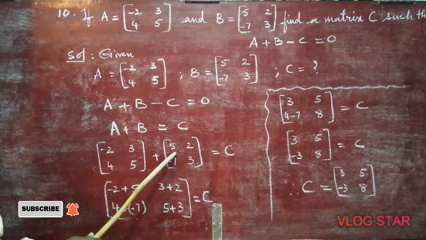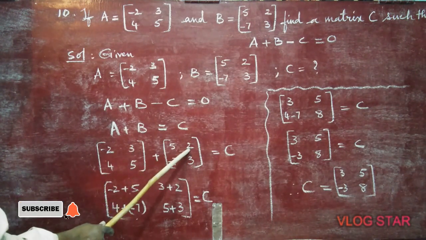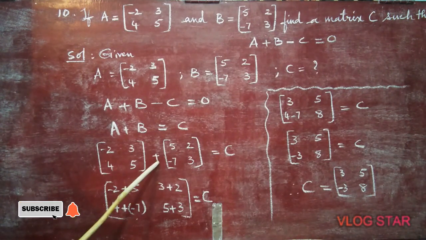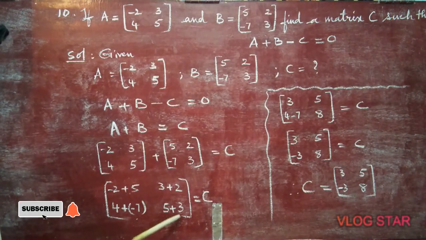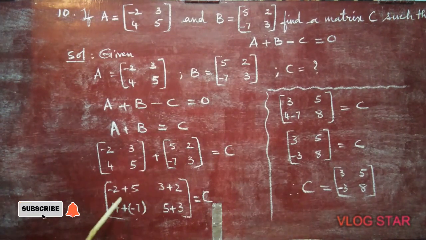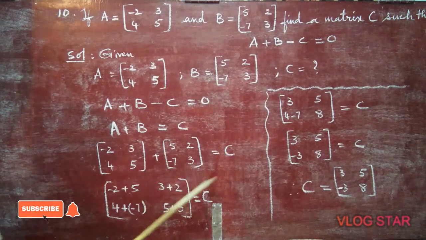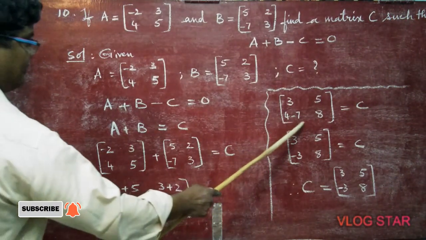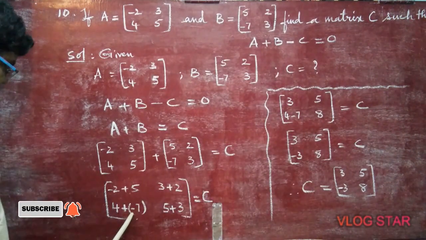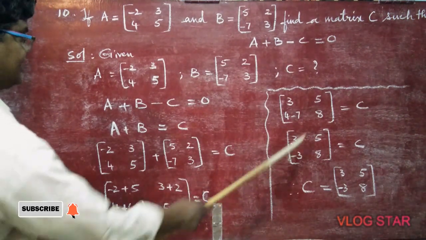Now add these two matrices A and B. Minus 2 plus 5, first element with first element. 3 plus 2, second with second. 4 plus of minus 7. Can you see clearly? Brackets. 5 plus 3. Now simplify. 5 minus 2 is 3. 2 plus 3 is 5. 4 minus 7 is minus 3, because plus into minus is minus. 5 plus 3 is 8.